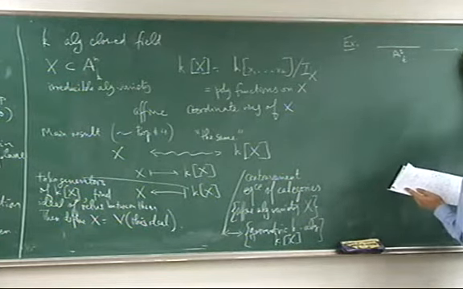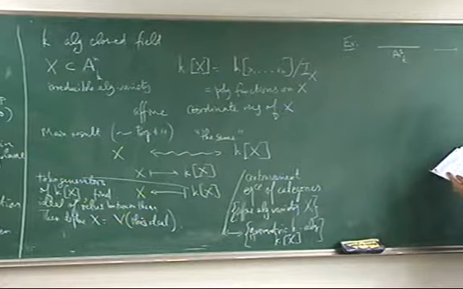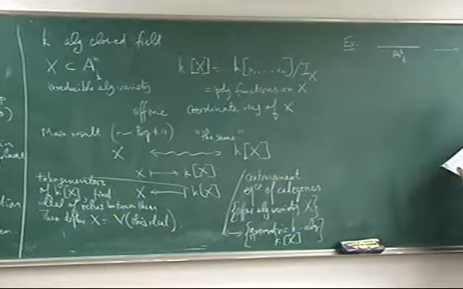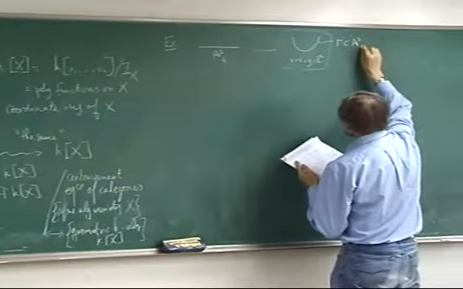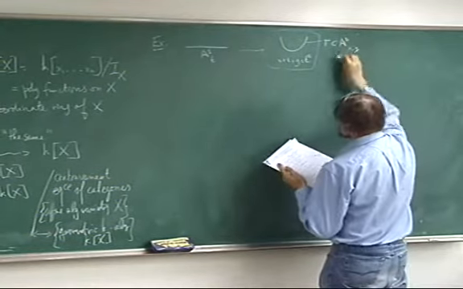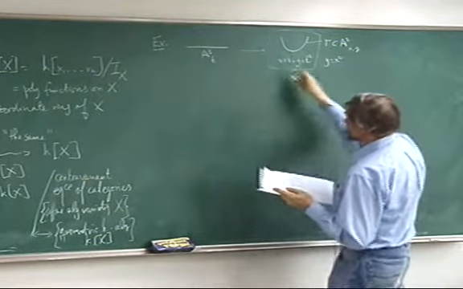And then I'm mapping this forward into A2. Nothing very difficult here. I'm going to set x equals t and y equals t squared. Okay, so the thing I've got here is gamma inside A2, with coordinates x and y, and it's of course given by y equals x squared. It's just the image of this map.